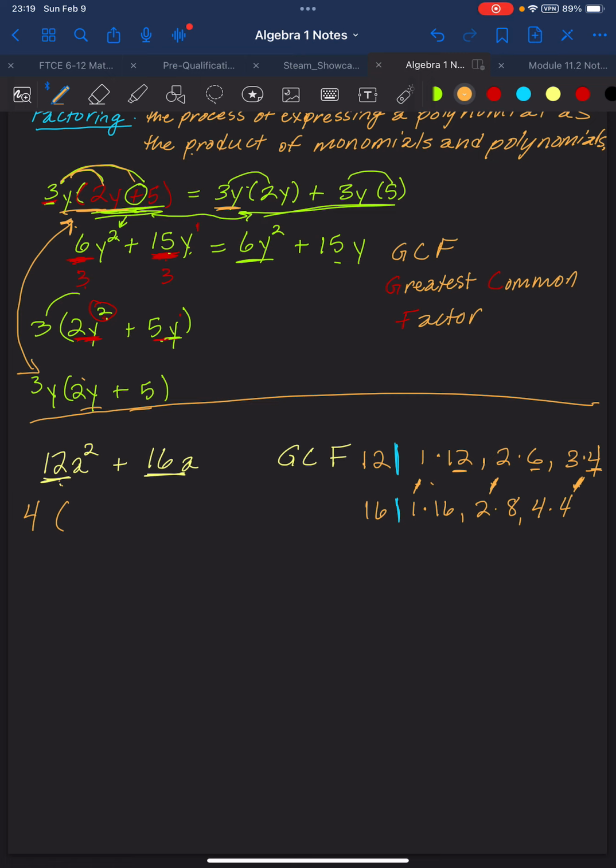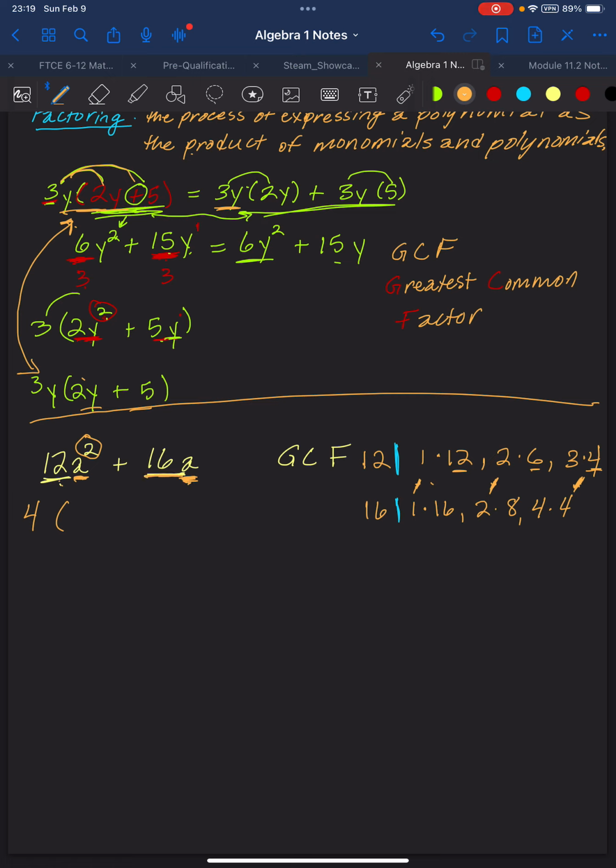Now also, if you notice here, and I'm kind of jumping ahead, I want to make it a habit so we can do it all in one fell swoop, where we can factor out a variable and our greatest common factor, which is a number. Because there's an a here and an a here, the variable is the same for both of our coefficients.